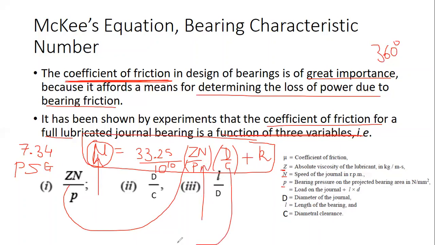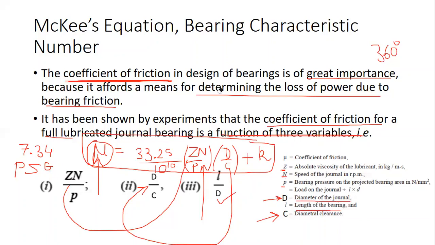Same way it is the function of the second variable D by C, where capital D is the diameter of journal and capital C is the diametral clearance. And it is function of L by D ratio also. Length of the bearing divided by diameter of the journal.